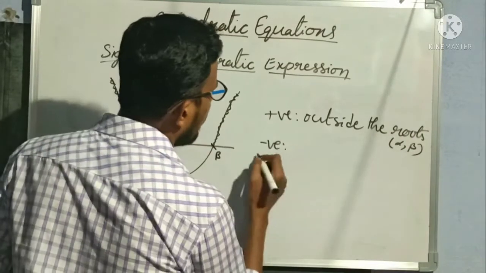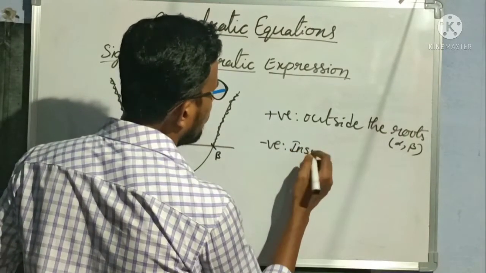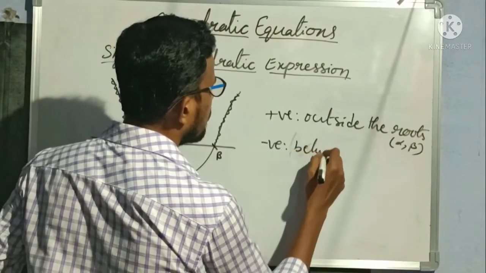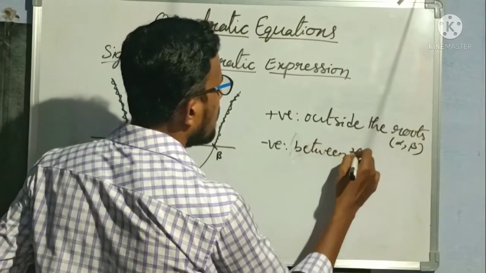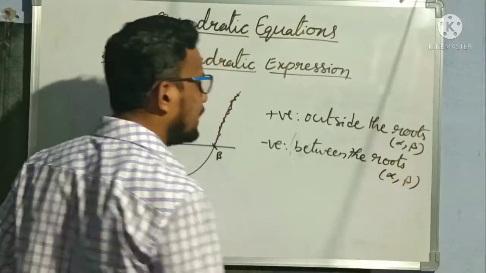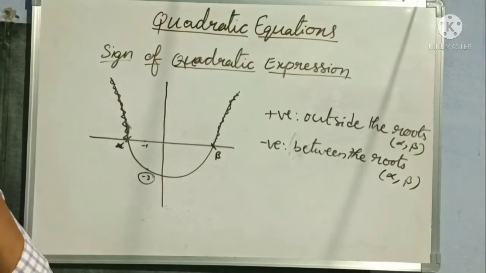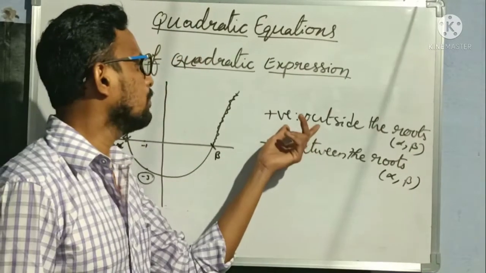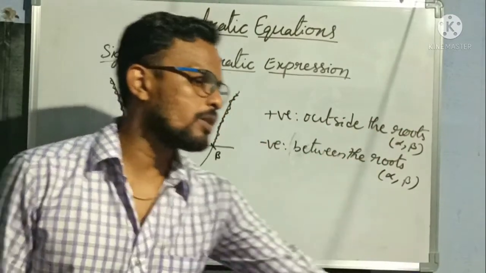So it will be negative only between the roots, that is alpha comma beta. Clear? So in between the roots it will be negative and outside the roots it will be positive.